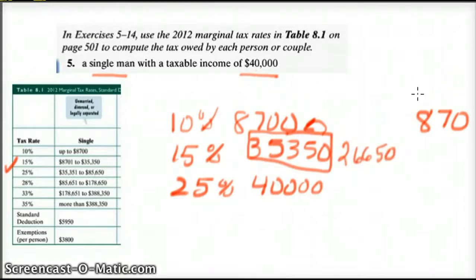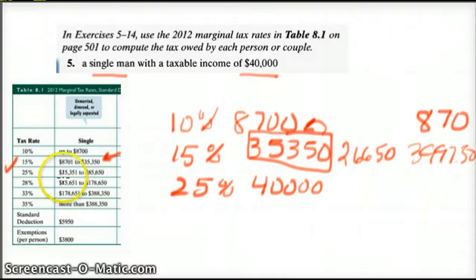And what's 15% of that? Okay, so that's, we did this before, 3,997.50.